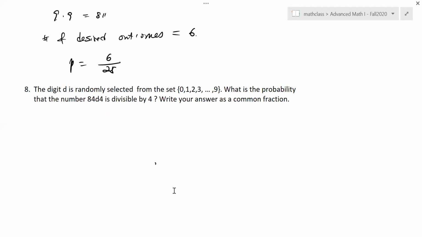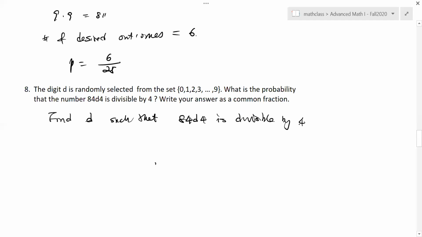I think the denominator is 10. You just need to find the digits D such that 8,40D4 is divisible by 4.